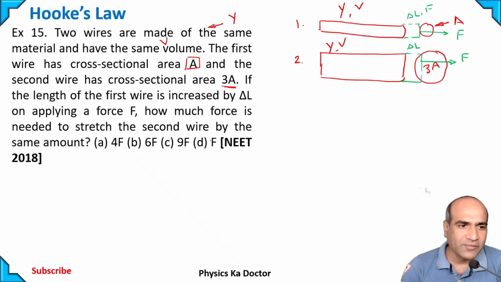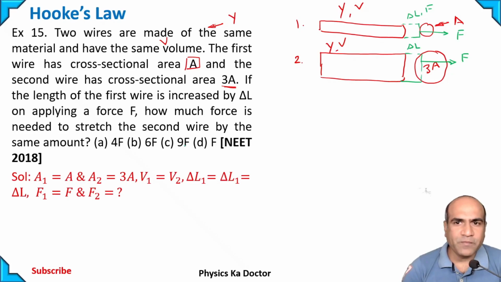Let's solve. So first is the given data. Let us assume the first cross-section area is A1, and the value given is A. For the second section, A2 is equal to 3A.